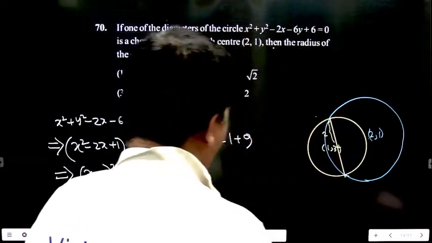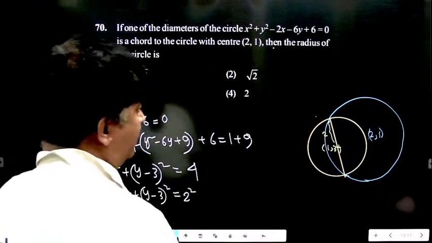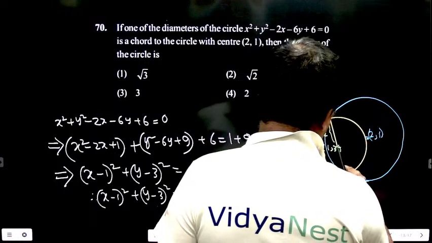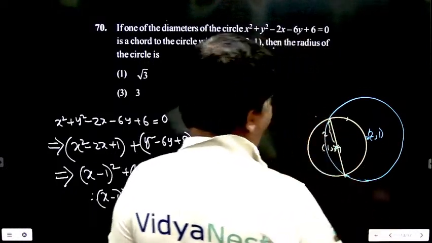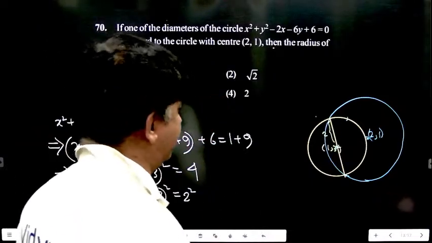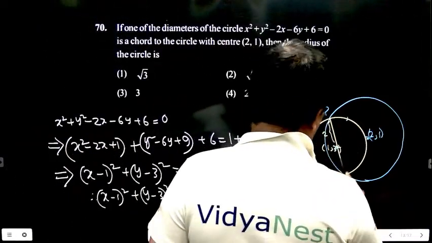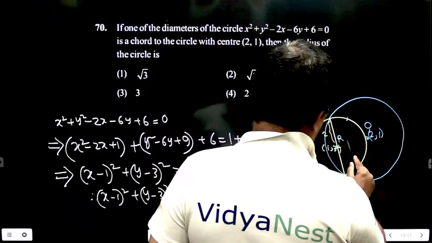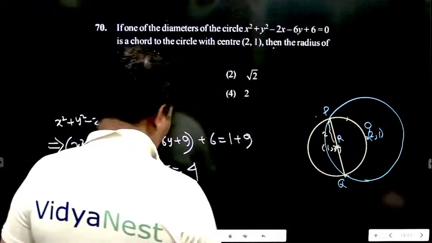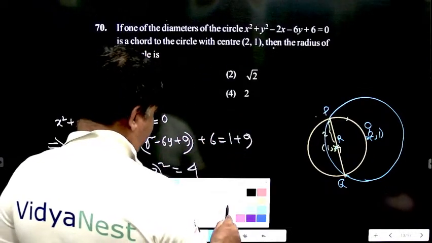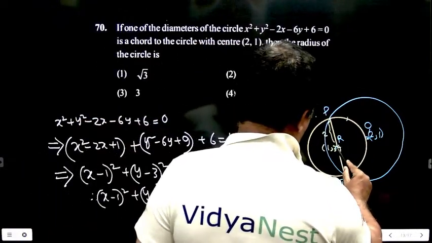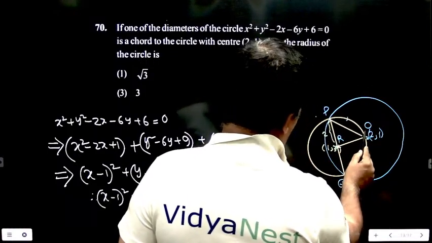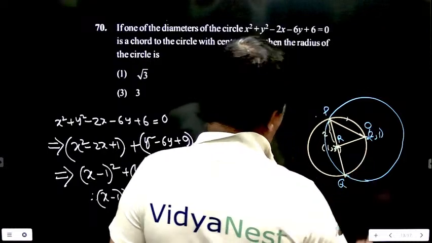Just see, first we'll find the distance between the center of this circle and this circle. Let this be P, this be Q, that is O, that is R. We are finding that R now. Then we will join this thing.